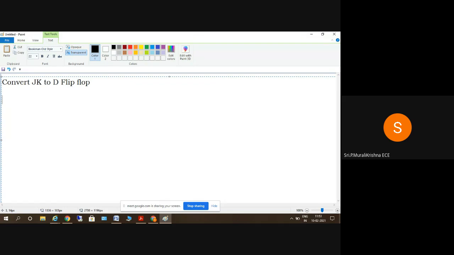Okay, so first of all, what we have to do? Truth table for D flip flop. So the D flip flop truth table has D, Q of n, and Q of n plus 1. So 0 0 0, 0 1 1, 1 0, 1 1.